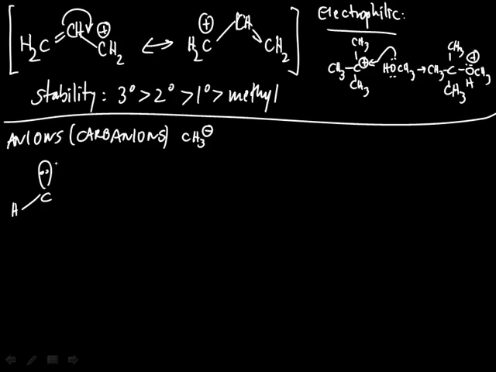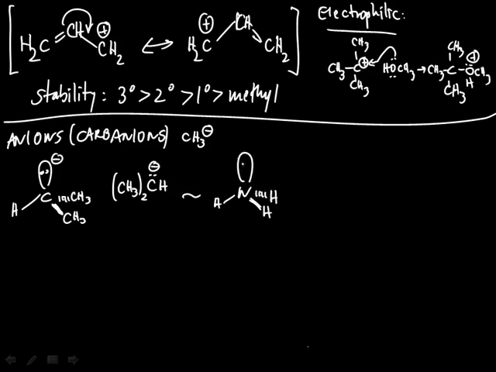This remaining orbital is filled with an electron pair, and so it's no longer sp2 hybridized, it's sp3 hybridized, and this will be an example, I guess, of an isopropyl anion. The structure of this is really analogous to ammonia, if you think about it, because ammonia has this tetrahedral structure, which is basically a pyramidal structure where an electron pair occupies one of these positions.